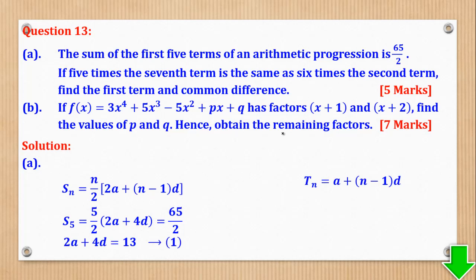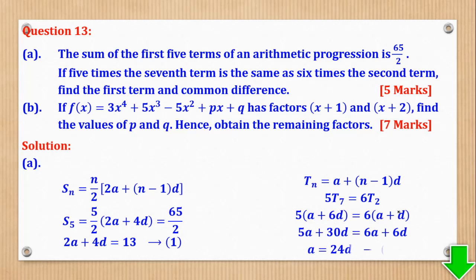Then equation 2, they said 5 times the 7th term, that is t7. 5t7 is the same as 6 times the second term, that is t2, 6 times t2. So they are equal. So I'll come and substitute. 7th term is here, second term is here.